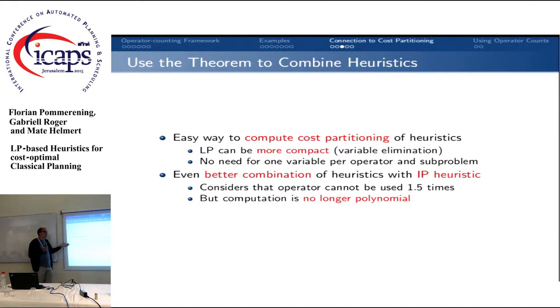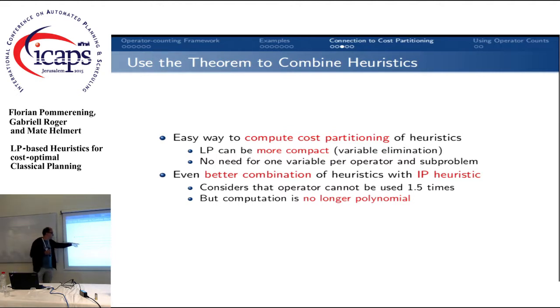And you can think of this as the general optimal cost partitioning with the additional constraint that operators cannot be used a fractional number of times. So you also want that you can only use an operator an integral number of times.